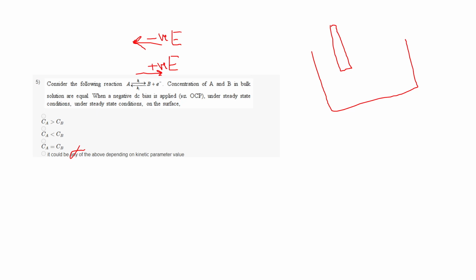Okay, so that's how the conditions are. Forward reaction for positive potential, and for a backward reaction, you have to apply negative potential.